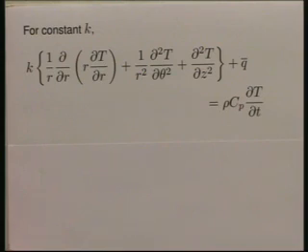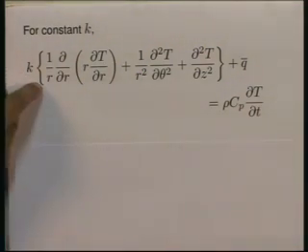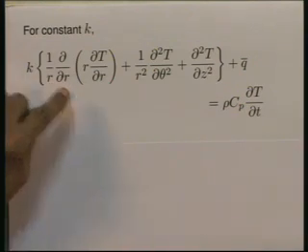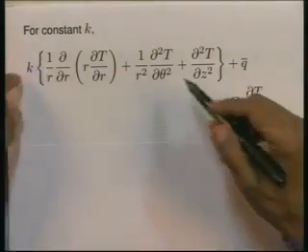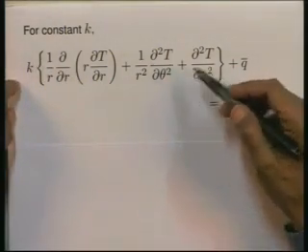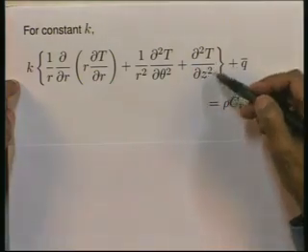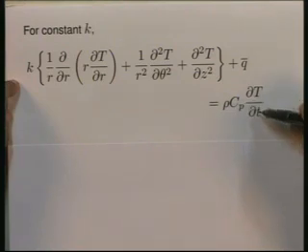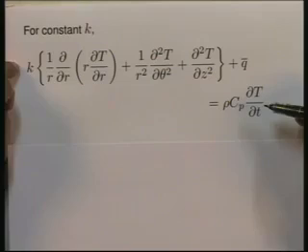This is the differential equation that we have: k into (1 by r d/dr of (r dT/dr) plus 1 by r squared d2T/d theta squared plus d2T/dz squared), close the bracket, plus q bar is equal to rho Cp dT/dt. This is the differential equation you will get for cylindrical coordinates.